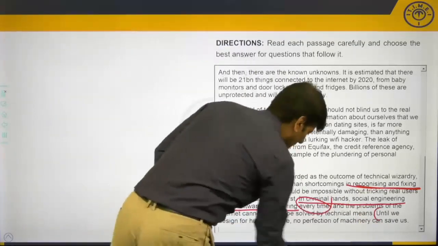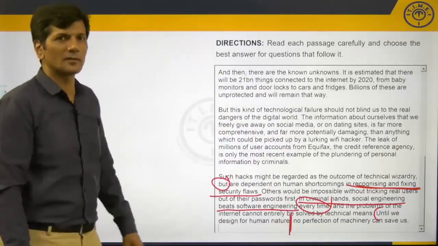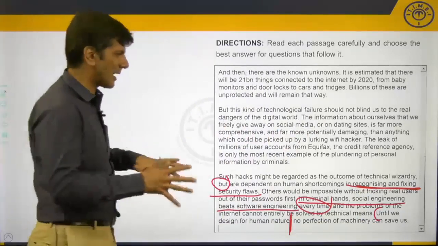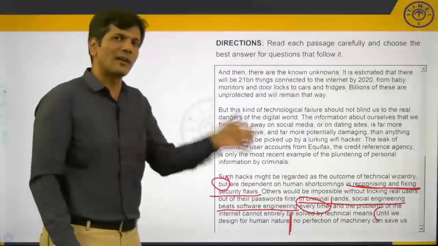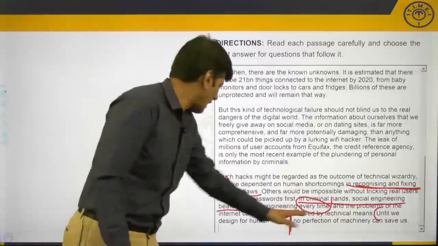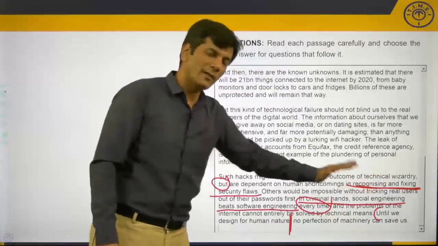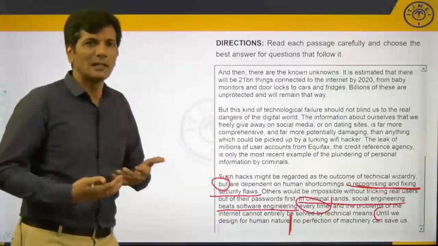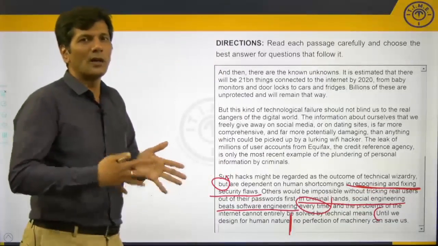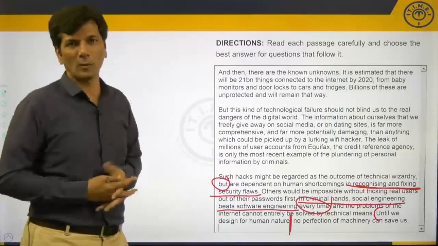Until we do something, no perfection of machinery can save us. So the author does not simply say, no perfection of machinery can save us. He puts a condition, saying, until we design for human nature, we are not safe. So when we do that, that's when we become safe. So it's creating a condition upon how we can design the future for ourselves in the digital world.